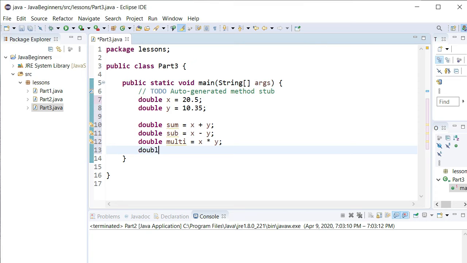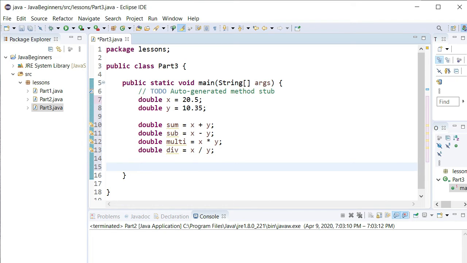Then finally double division equals x divided by y, like that. Then we can print these four variables.